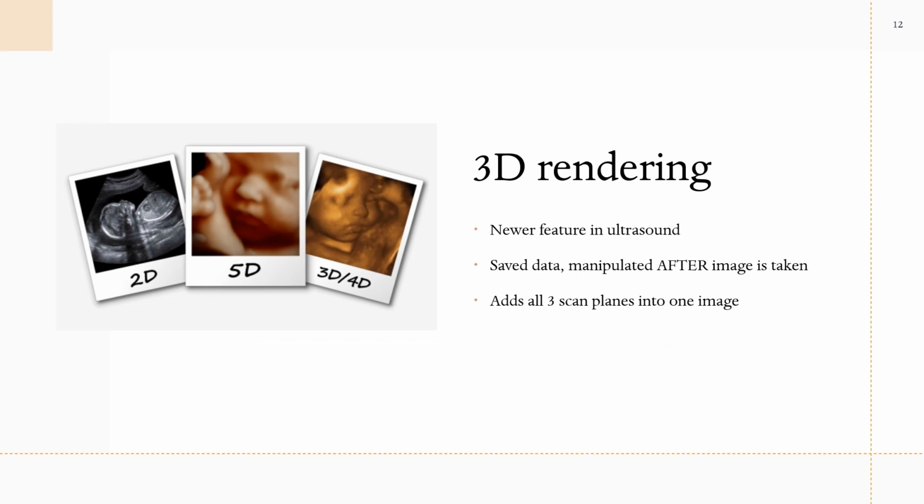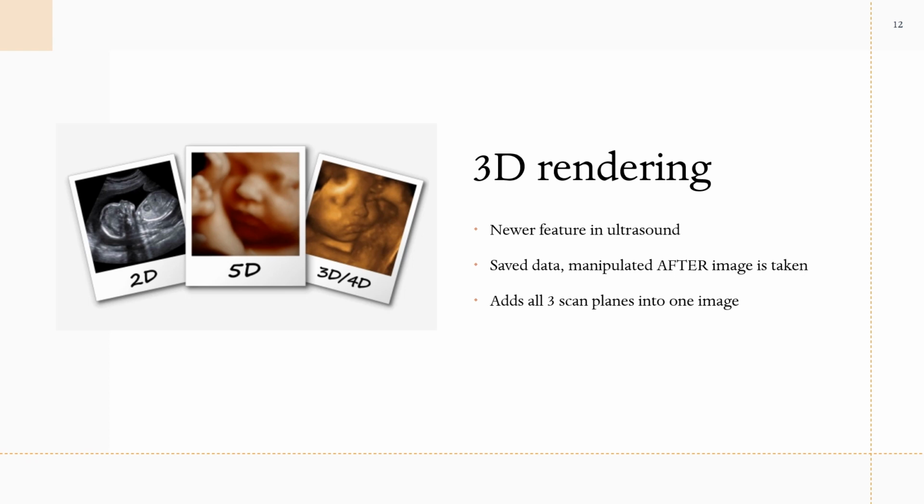And lastly, we have 3D rendering as a post-processing function. This is a newer feature in ultrasound. This function adds all 3 scan planes into one image, but it is manipulated after the image is taken. And this 3D image can be manually scanned in all 3 scan planes or automatically done by our transducer.